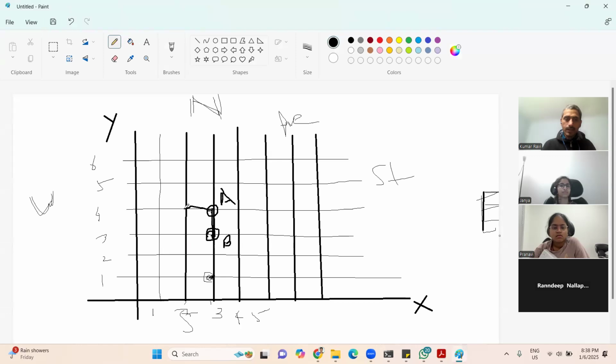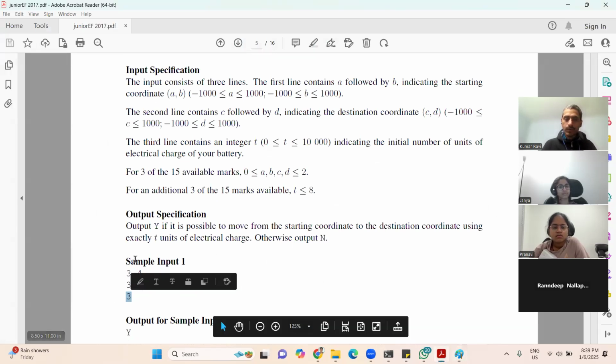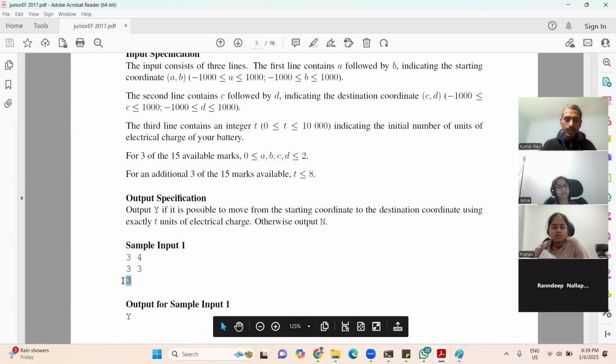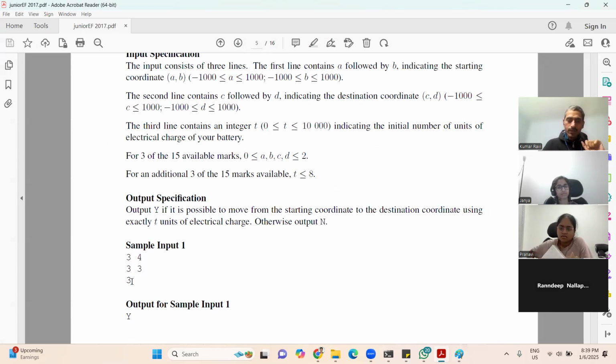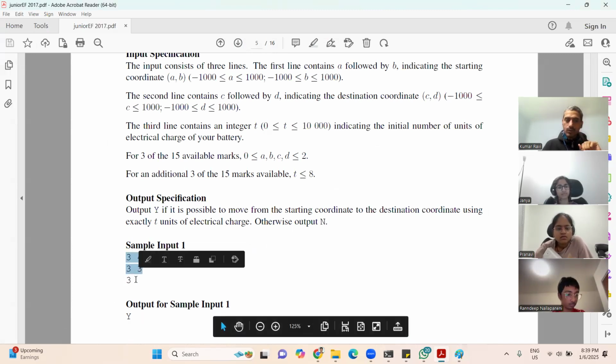So I will take another turn: from here to here, 1 unit, 2 unit, 3 unit. So from this junction to this junction, using 3 units of battery, we can reach, exhausting exactly the units of battery you have. Then this is doable, and the answer is yes.